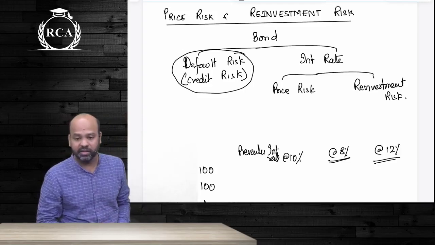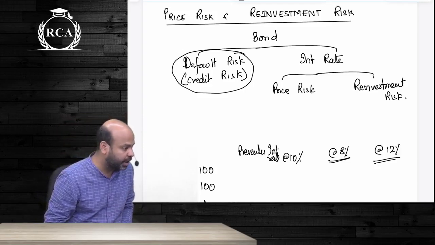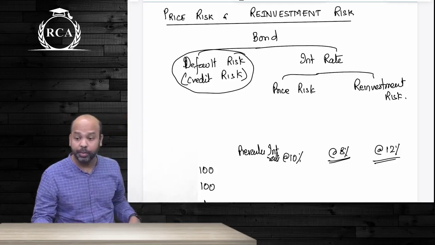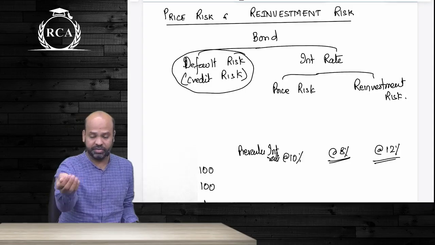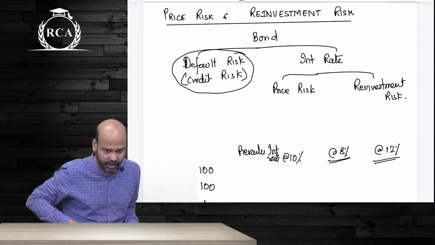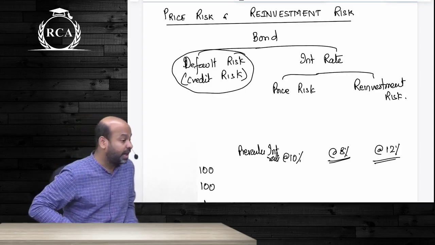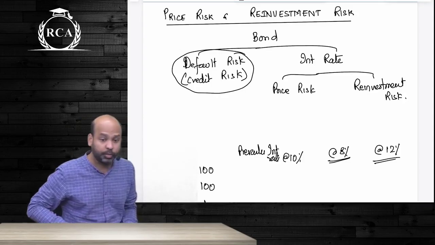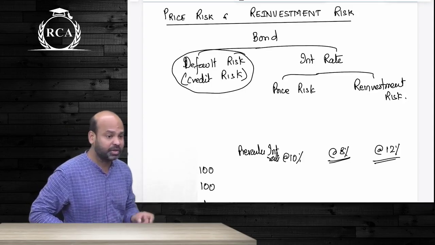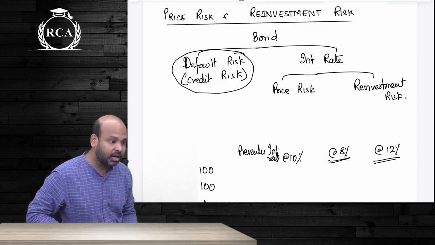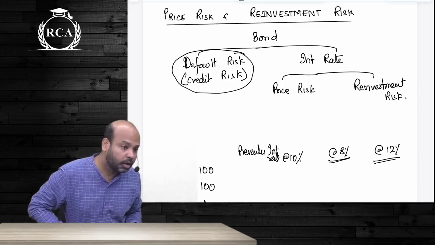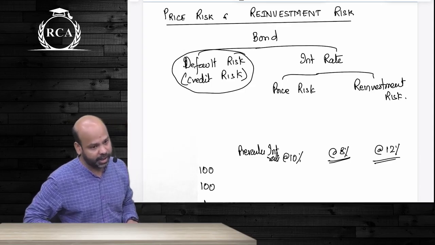Reinvestment risk arises whenever we receive interim cash flows. If I have a coupon paying bond, I will receive some amount of return from the bond every year. Our YTM holds good. I told you, beta, the drawback of IRR and basics of time value of money. IRR will hold good if and only if all the reinvestments are made at IRR.